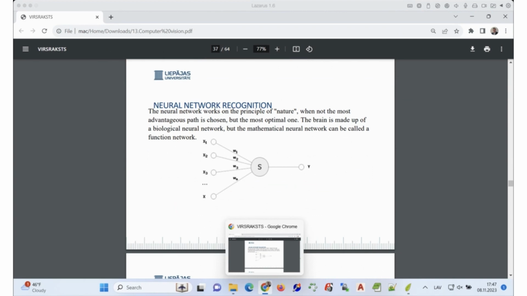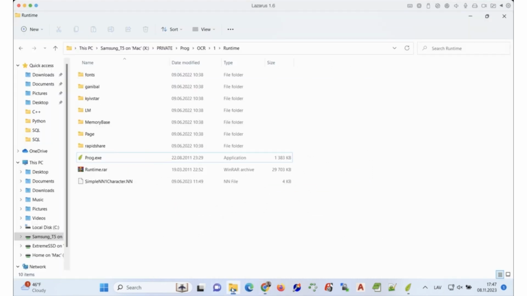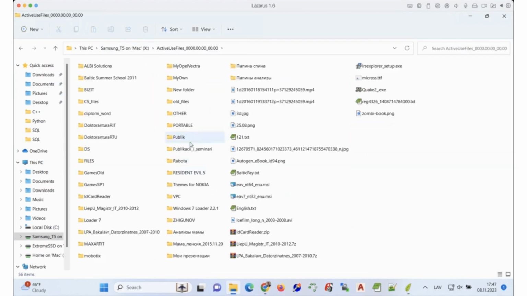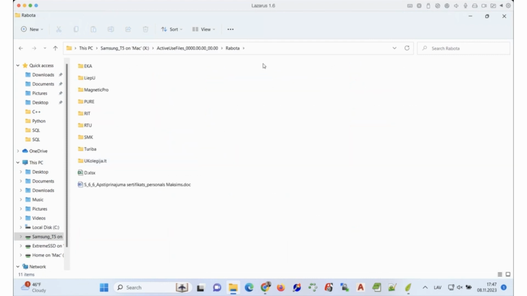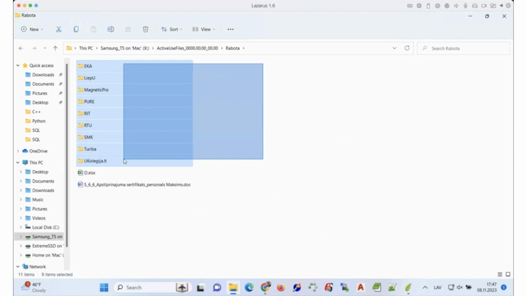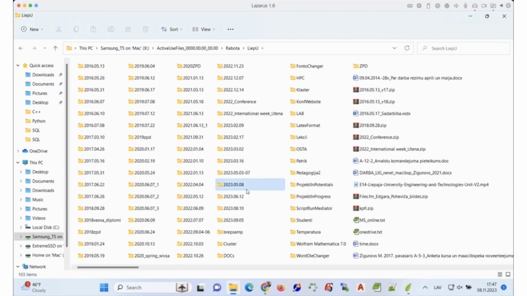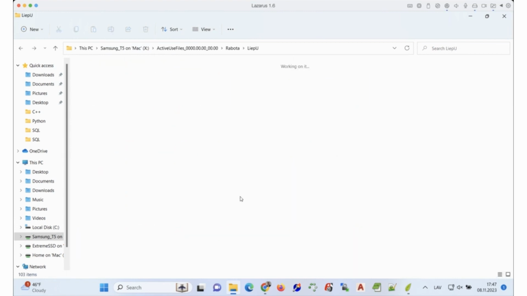All right. So in this case, let me open one of my working libraries, a list of universities I'm involved in. So primarily, I saved that somewhere here.